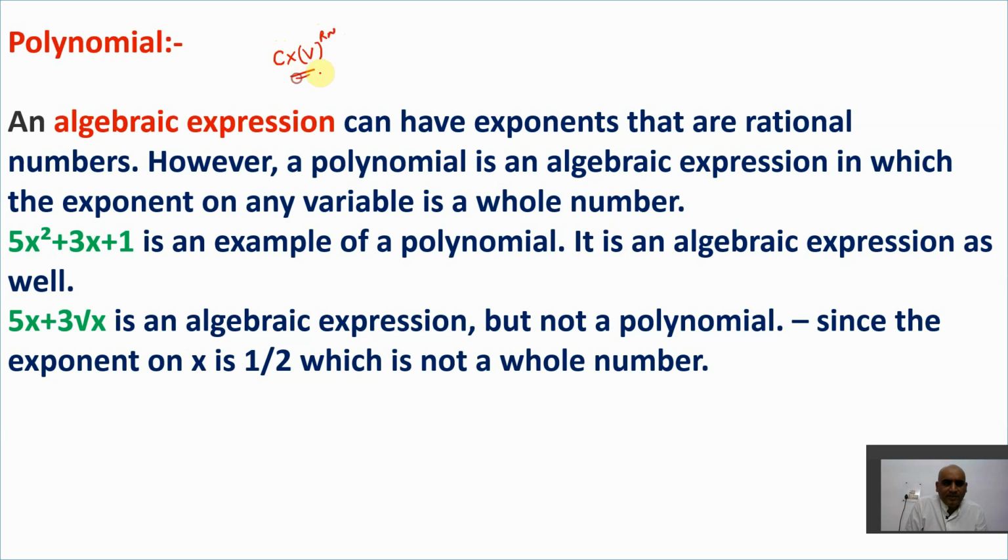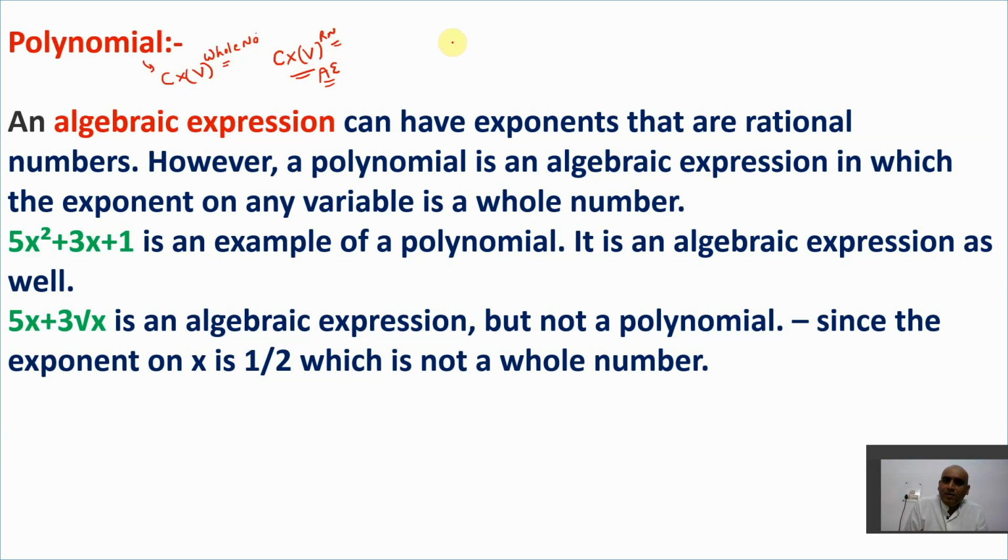This is an algebraic expression. Now, what do you mean of polynomial? In polynomial, the basic idea here is constant multiplied by variable to the power whole number. This is the difference. Only this is different. Here we have rational number, but here we have whole number.